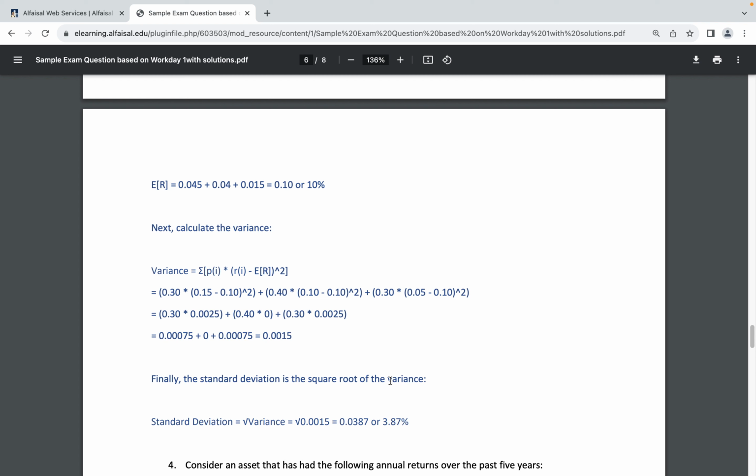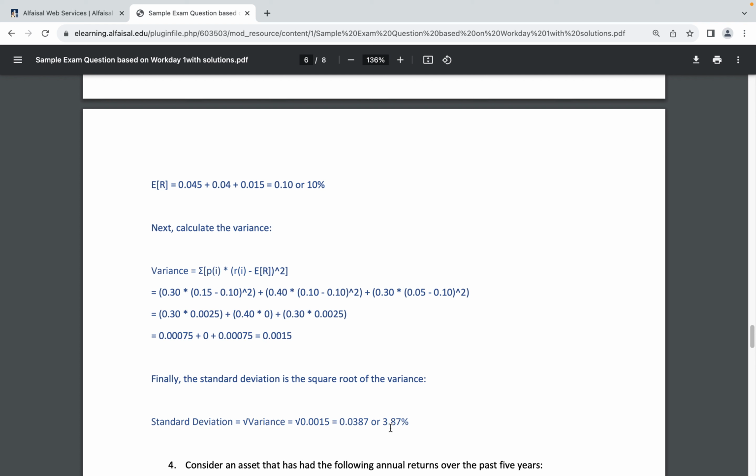The next thing we do, in order to find the standard deviation, because variance is a number we can't really do an awful lot with, is get the square root of the variance. There's a square root function on your calculators. You take the square root of our previous number and you'll see that's 0.0387 or 3.87%. So now my investment has an expected return of 10% and a standard deviation of 3.87%. 99% of the time, I know my investment will be within 3 standard deviations of the mean.